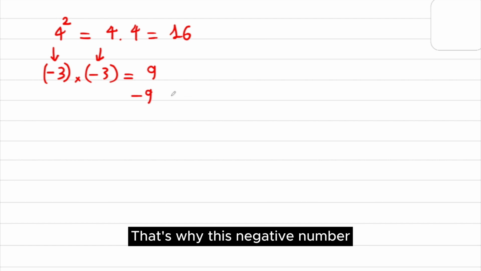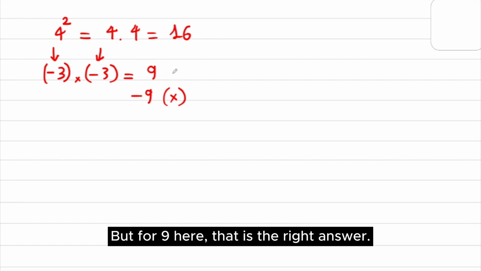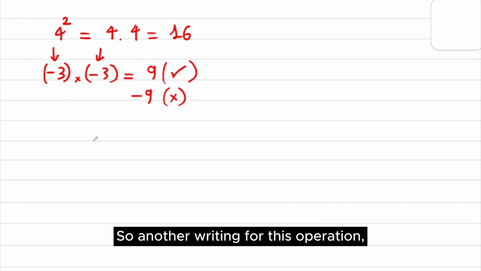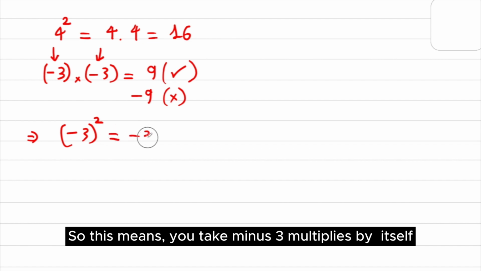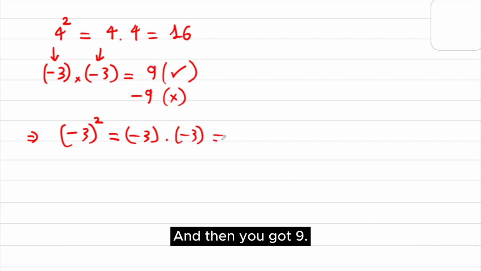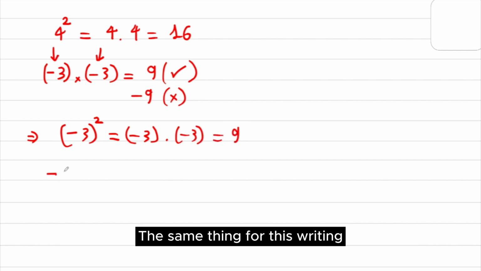That's why the negative number is not the right answer, but 9 here is the right answer. Another way of writing this operation is negative 3 with the square outside the brackets like this. This means you take minus 3 multiplied by itself, and then you get 9. The same thing applies here.